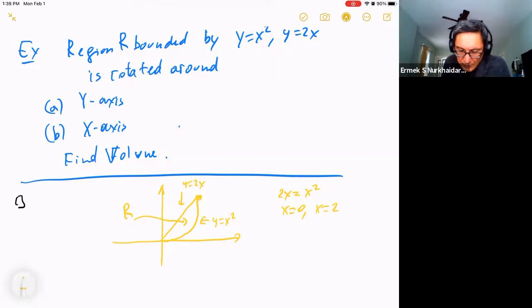This point has coordinates x equals 2, and y equals x squared, or 2x, so this point has coordinates (2, 4). And this intersection point has coordinates (0, 0). Let's figure out what is going on with this region.